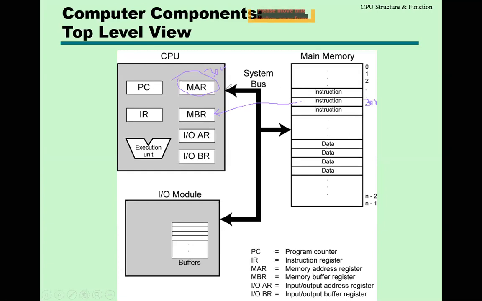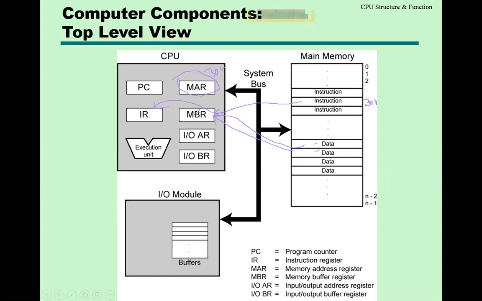So whatever the instruction is, it will be loaded into the IR, instruction register. And to execute this instruction, suppose data is required and the data is here. So that data is loaded into the MBR.